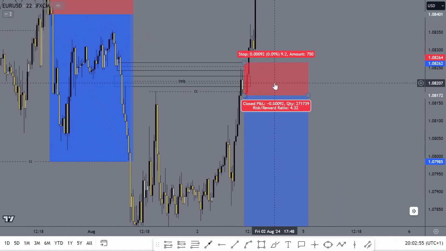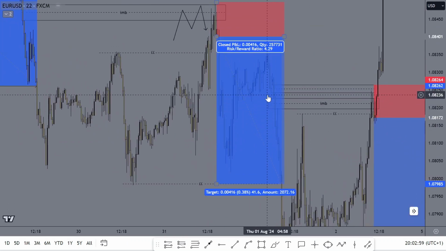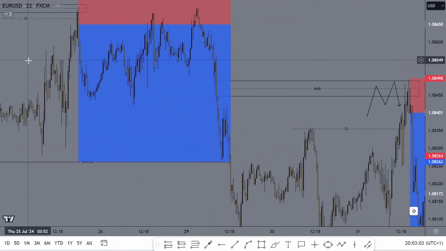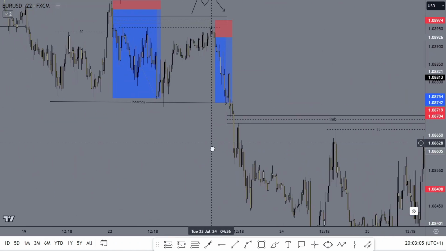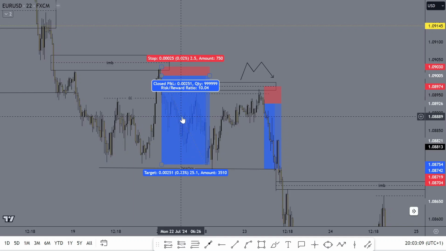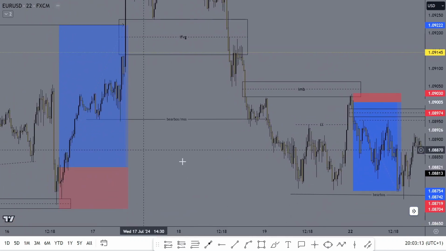So what we've got there is a 1% taken out, but then this trade you've got 4.2%, 5.6%, 3.8%, 10.4%, and 3.4%.